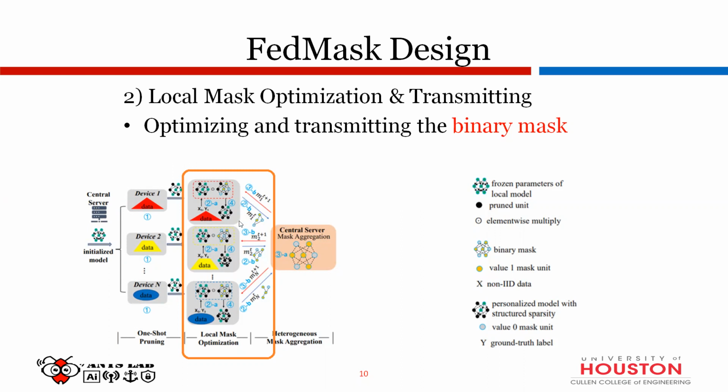In this place, you can see they only transmit the binary mask, which is 0s or 1s. In comparison to other federated learning, where they transmit local updates like parameters, here they only have this binary mask. So overall, this is much lighter, and that is why it claims that it improves the communication.